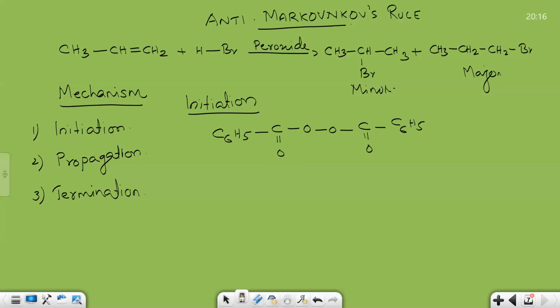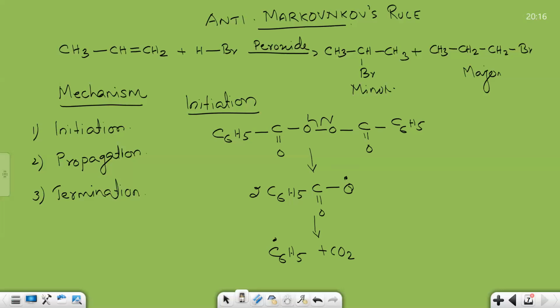This peroxide undergoes homolytic cleavage like this, and you will get 2 molecules of C6H5COO free radical. A free radical is a compound that contains one unpaired electron. This free radical again undergoes bond cleavage to form C6H5 free radical plus carbon dioxide.